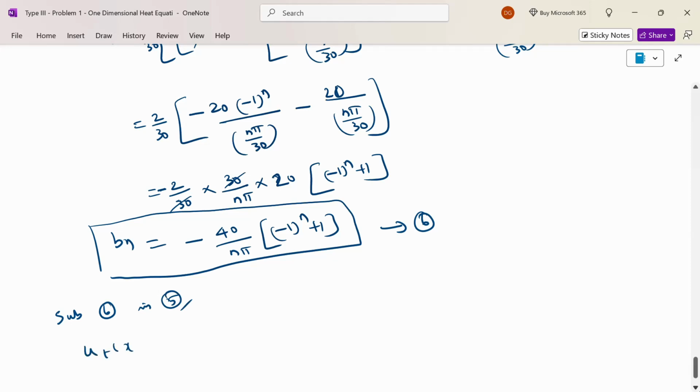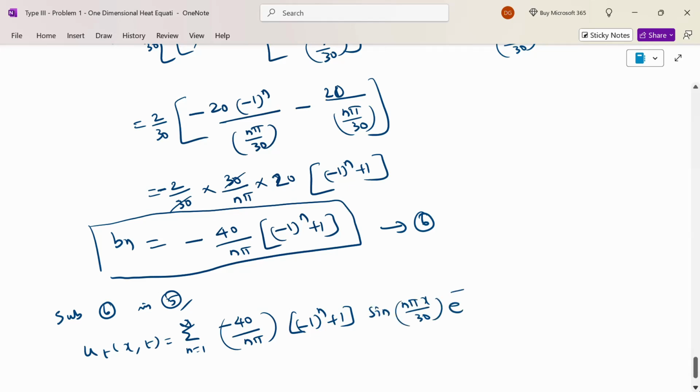Ut of x comma t, sum n from 1 to infinity, minus 40 by n pi, minus 1 power n plus 1, then sin n pi x by 30, e power minus a square n square pi square t by 30 square. So this is the 7th equation.